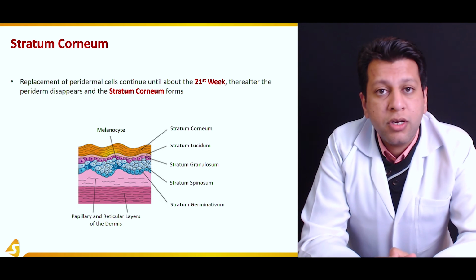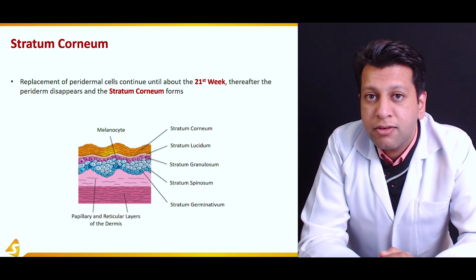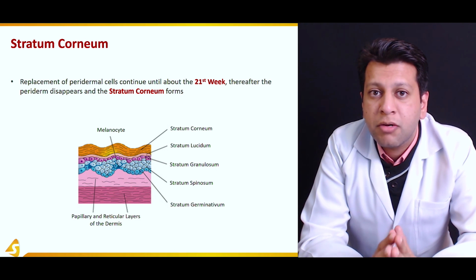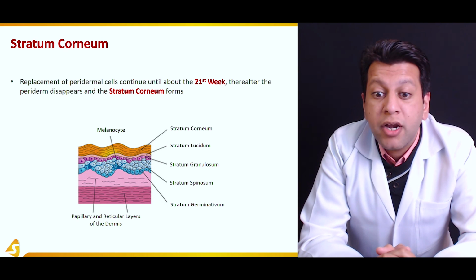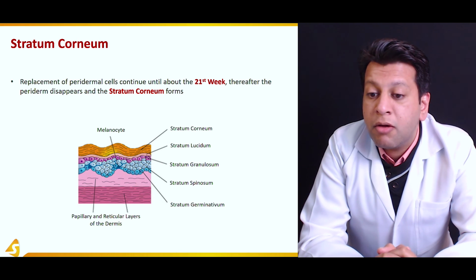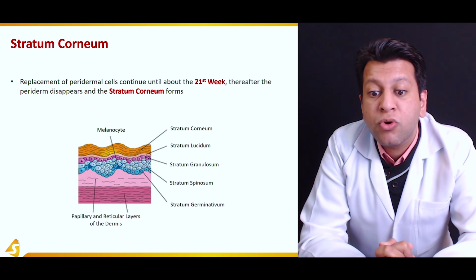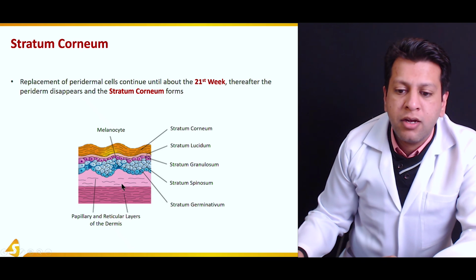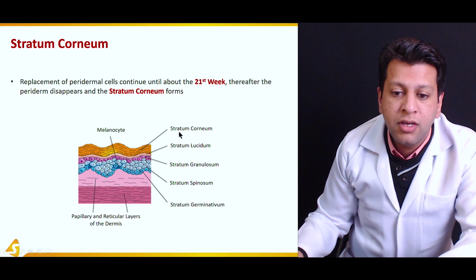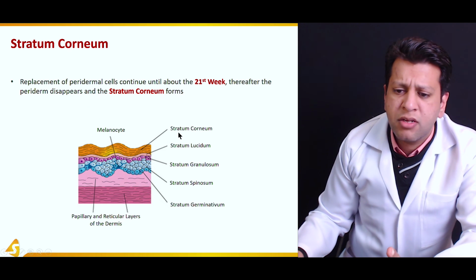Coming to the stratum corneum, as I just told you, the epidermis is further subdivided into 5 sublayers. The replacement of peridermal cells continues until about the 21st week. Thereafter, the periderm disappears and the stratum corneum forms. Now this is the dermis, this is the epidermis, which is further divided into 5 sublayers, and at birth all the 5 layers are present.